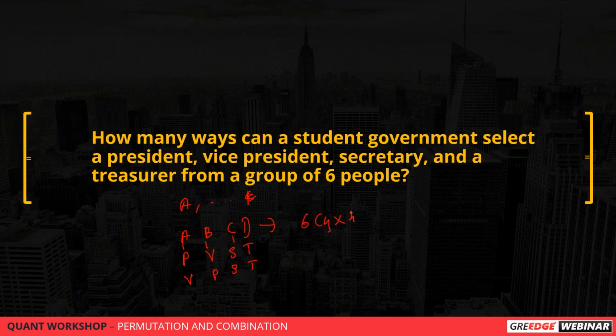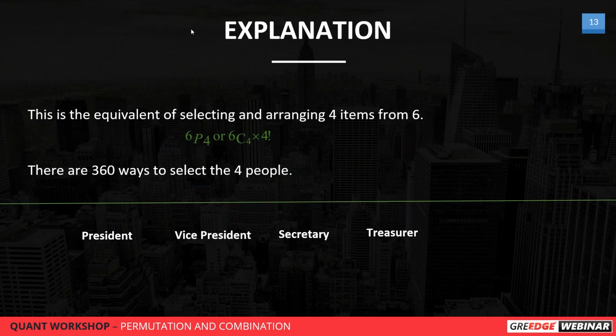You got it now? So this directly implements the logic of permutation. So simply I can say 6P4 will give the answer. Got it now, everyone? Why is it not selection alone?